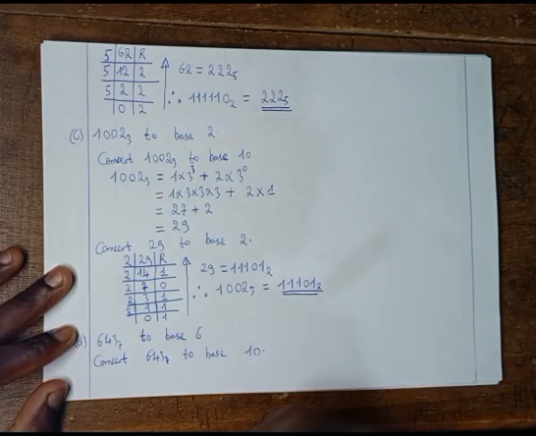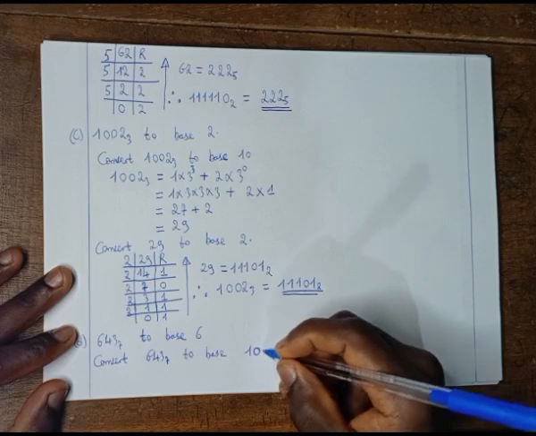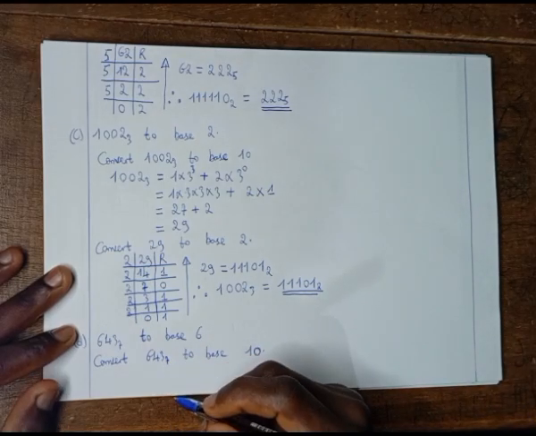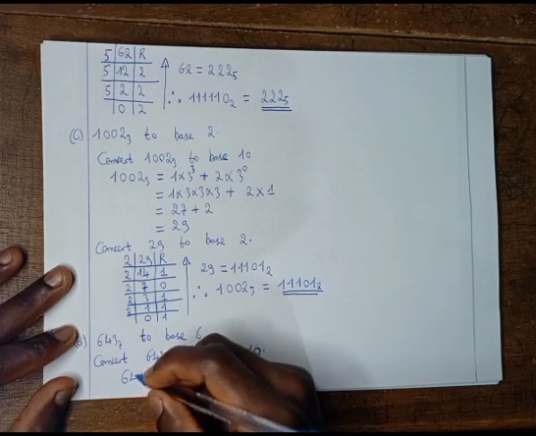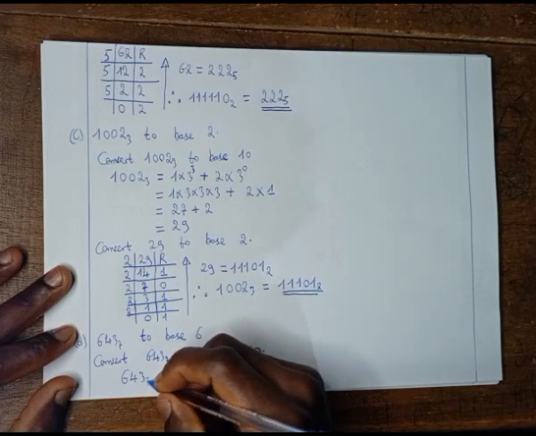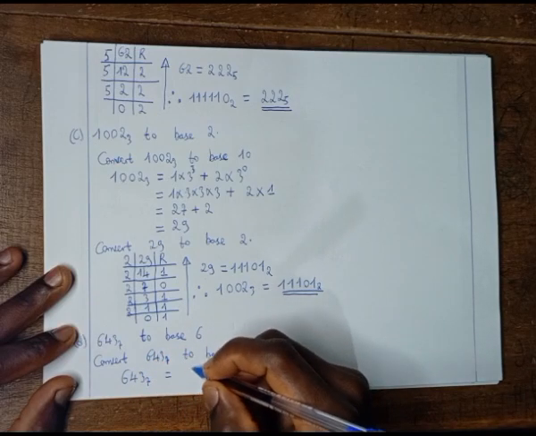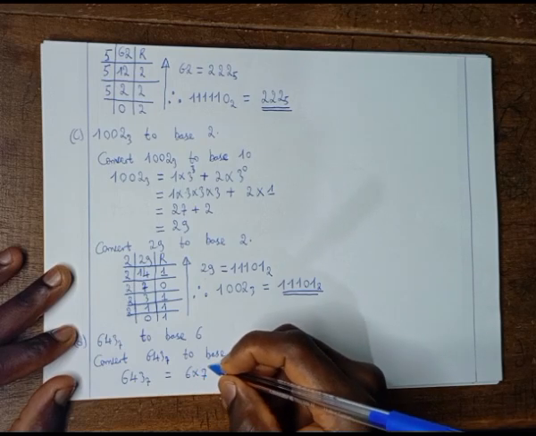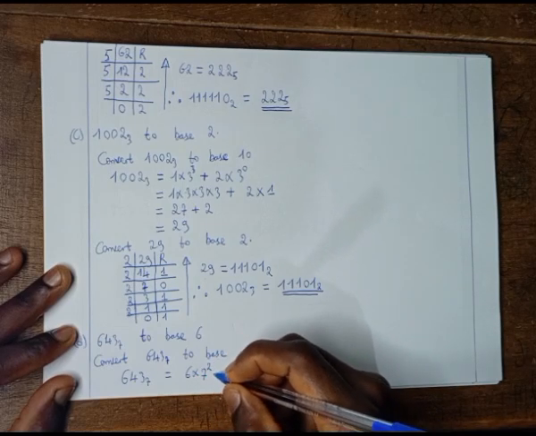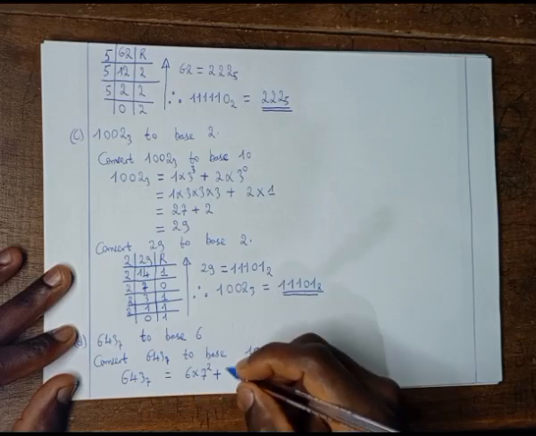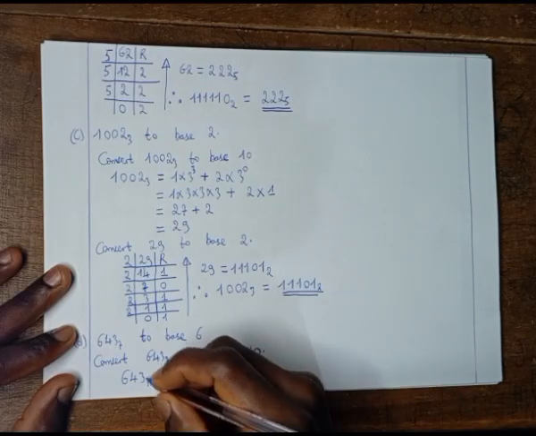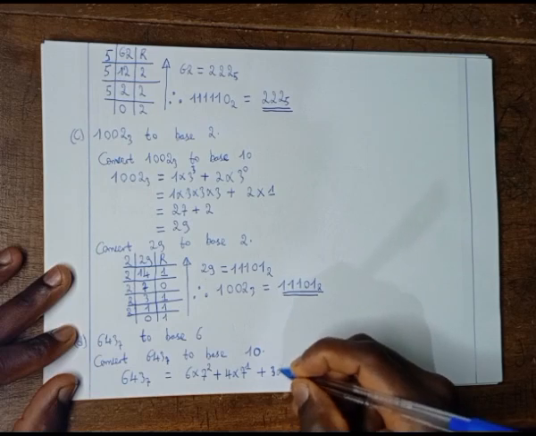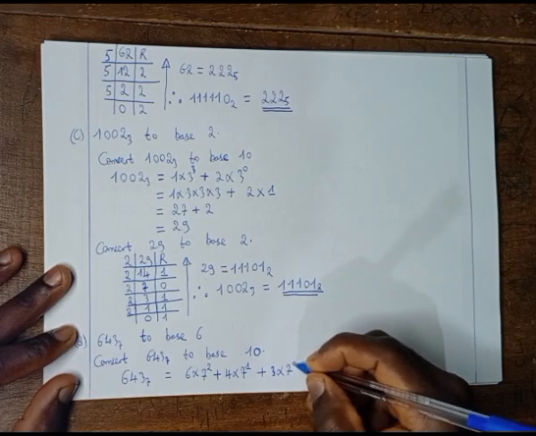And we are going to expand this number in powers of the base 7. This will give us 643 in base 7 to be equal to 6 times 7 raised to the power 2 plus 4 times 7 raised to the power 1 plus 3 times 7 raised to the power 0.